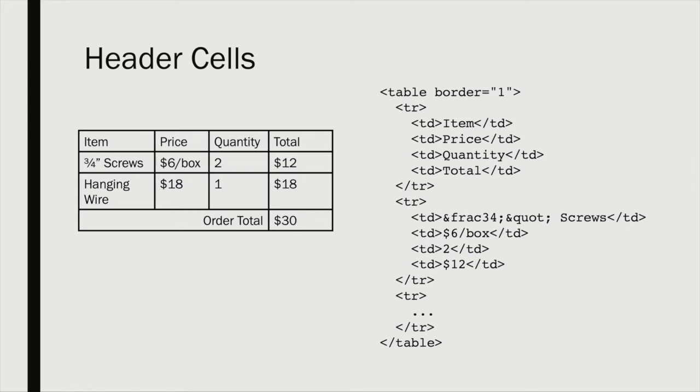If we modify the TDs to THs, you can now see that item, price, quantity, and total have been center aligned and they've been bolded. That is automatic with the browser. TH allows you to specify a header for the column or the row so that you can specify what the top or the far left of the data should be.